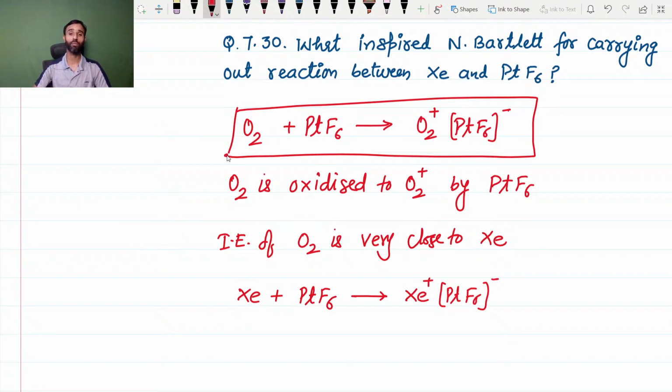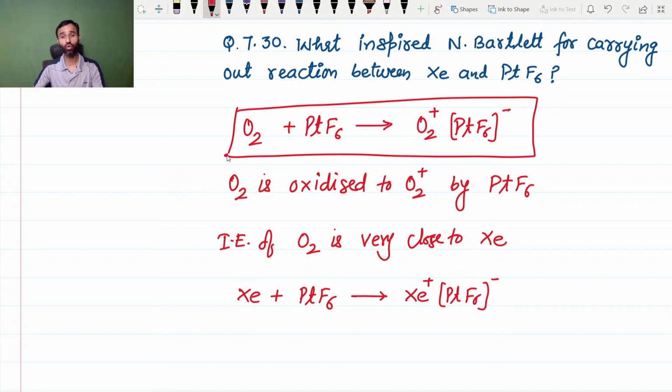Then he made an attempt to prepare a compound with xenon, and he was successful. In this way, noble gas chemistry starts. The whole noble gas chemistry started by this first reaction of xenon with PtF6.